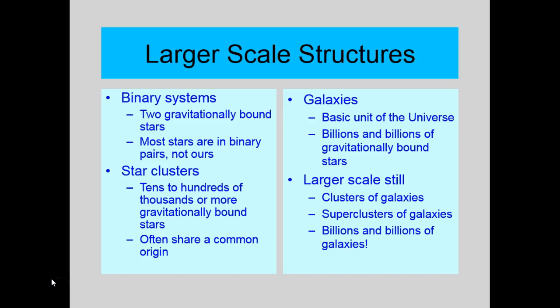I can't say it's always, but they often share a common origin. For instance, that mass of gases that you saw in the previous slide, it was so big that it formed, and then maybe later another one formed, but they all came from that same mass of gases.